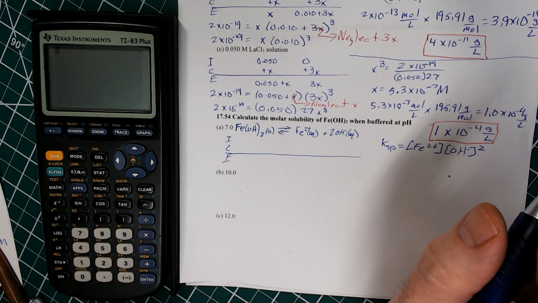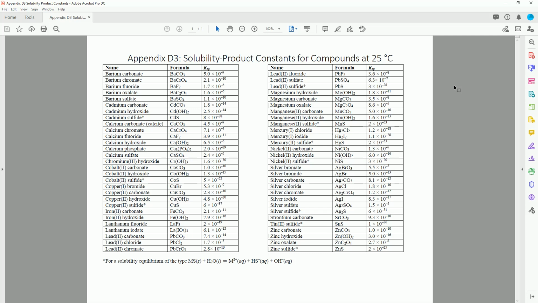And we're going to go over to Appendix D and find the equilibrium constant for iron(II) hydroxide. It's right there, 7.9 times 10 to the negative 16. So 7.9 times 10 to the negative 16 is our quantity there.